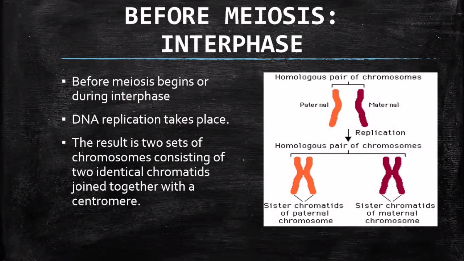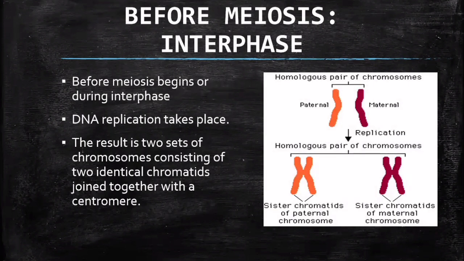I discussed DNA replication in my previous video, so I'm not going to repeat it. If you want more information on it, it's better you go watch that video. This DNA replication results in two sets of chromosomes, which consist of two identical chromatids joined together with a centromere. What is a centromere? What is a chromatid? I'm going to explain.